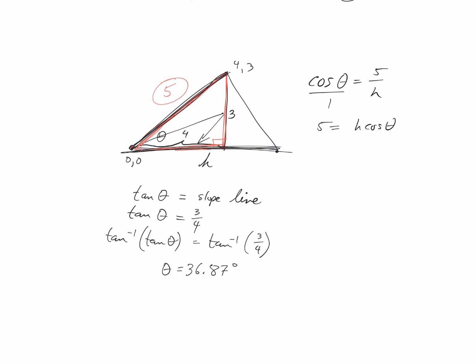Divide both sides by cosine theta. 5/cos theta is equal to h. And 5 divided by cos 36.87 gives us 6.25. So h is equal to 6.25, and again the answer is D. So that is a different way to do it, and it's actually the faster way to do it.